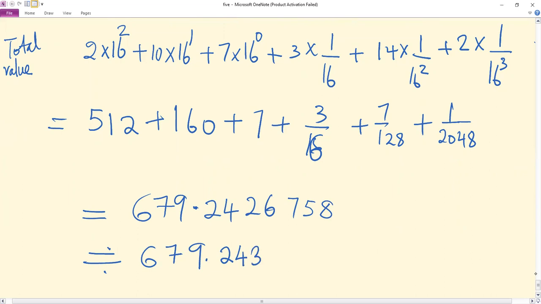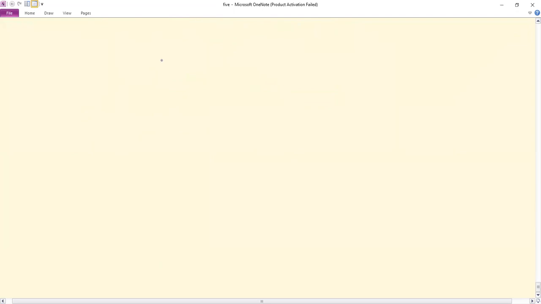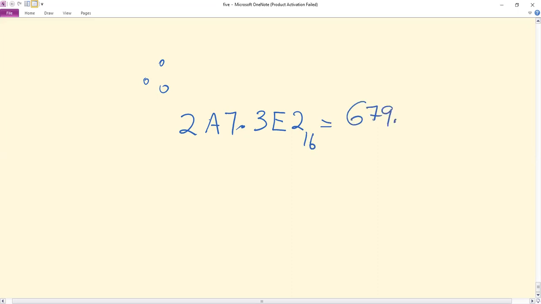So therefore, the number 2A7.3E2 to base 16 is the same as 679.243 to base 10. So that's what we have.